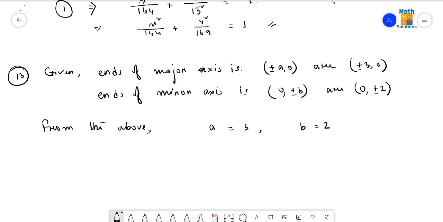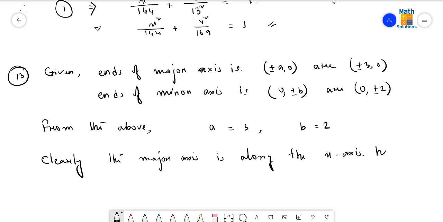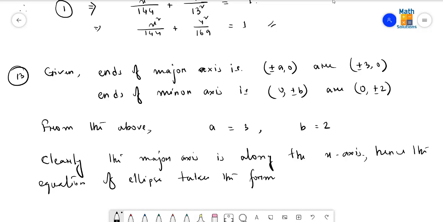Very clearly the major axis is along the x-axis, hence the equation of ellipse takes the form. What is the form here?